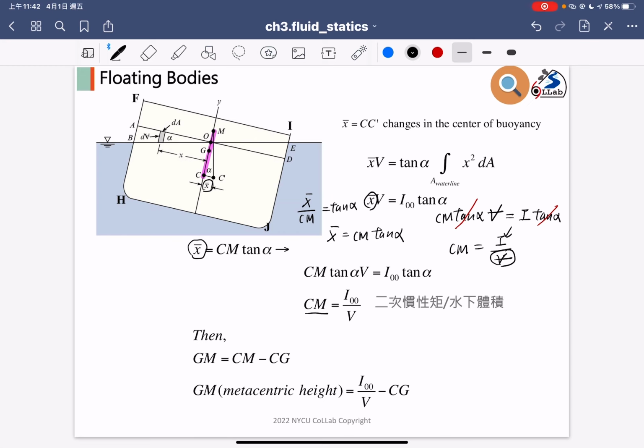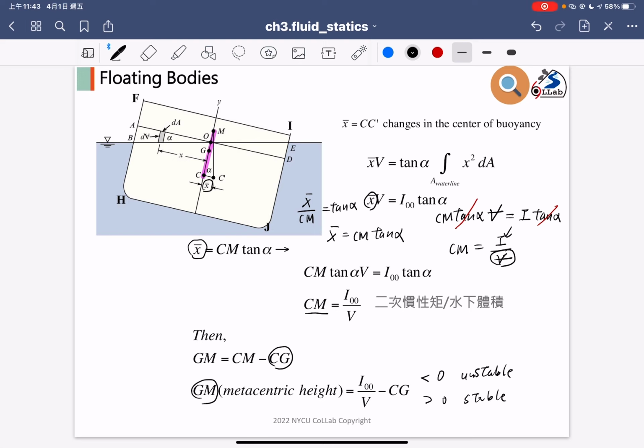If we know the Cn distance, we can compute the Cg distance, and Cn minus Cg will give us the metacentric height. I tell you, a metacentric height smaller than 0 is unstable, and larger than 0 is stable.